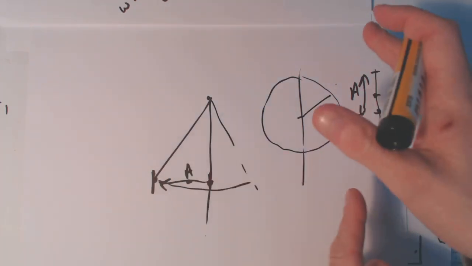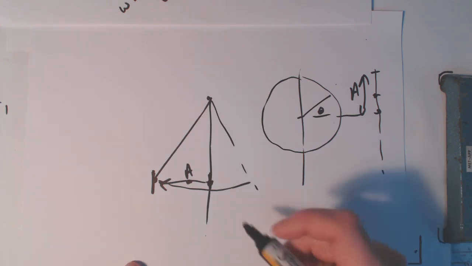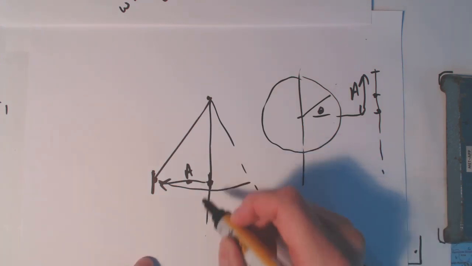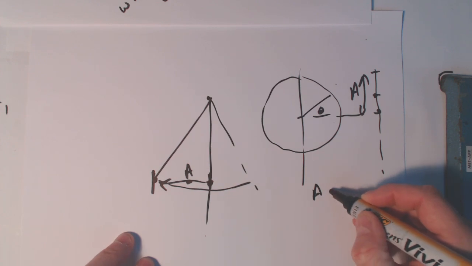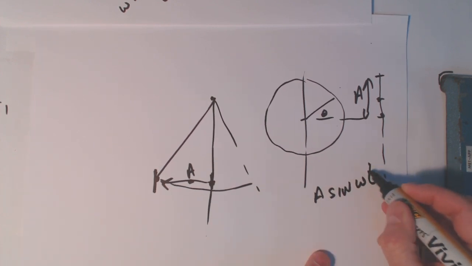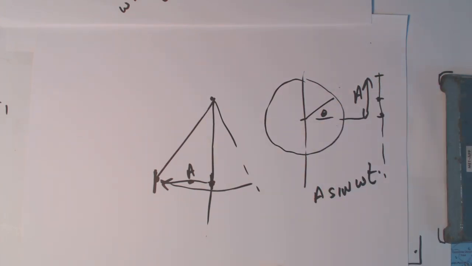So the fact that we've turned it vertical doesn't make any difference. We measure the time from when it's at the equilibrium point, and if you want to work out a displacement from that equilibrium point, then the equation we found was just A sine omega t. Sorry, that's our angle, which is equal to omega t.